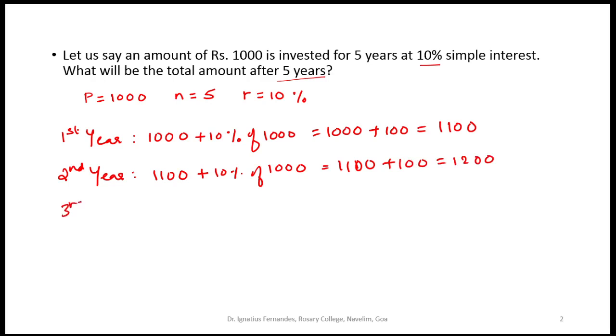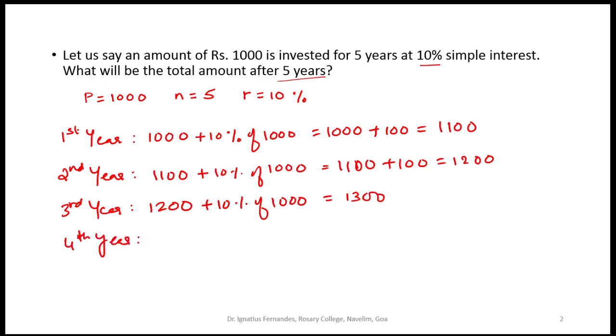The same way at the end of the third year, to the amount which is there, 1200, we again add 10% of 1000, the principal amount, and I'll get 1300. At the end of the fourth year, the same way, it will be 1400, and at the end of the fifth year the amount will be 1500.